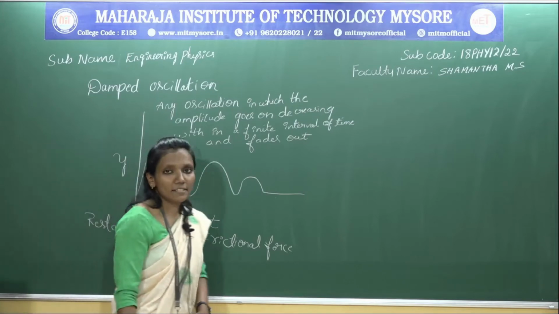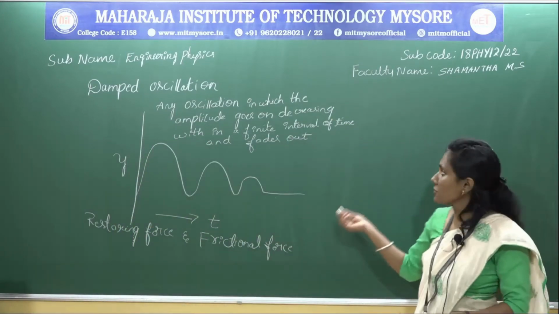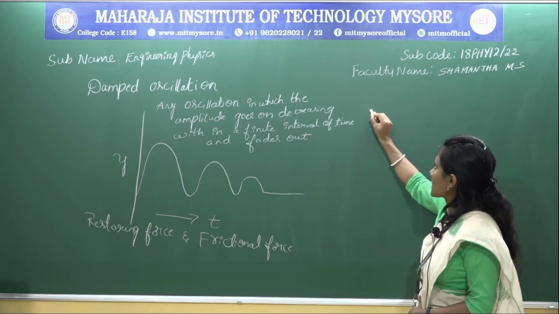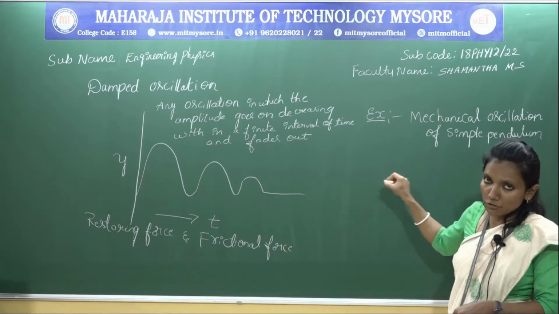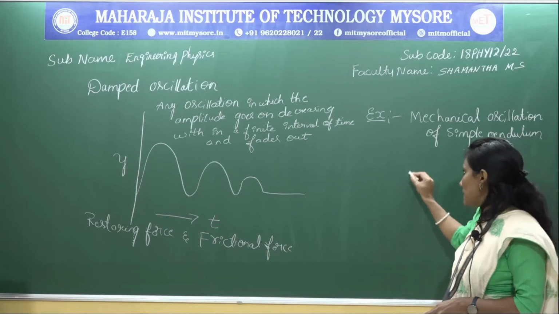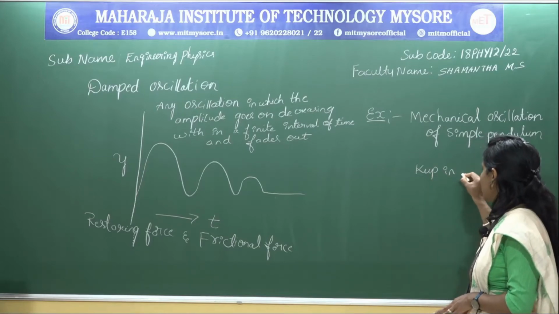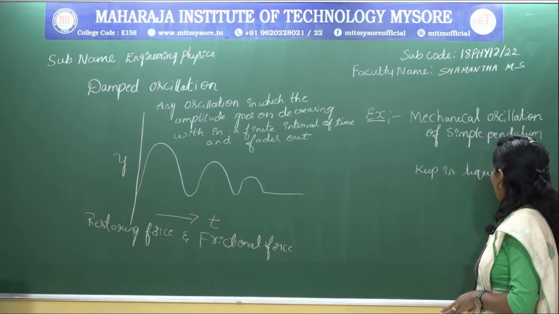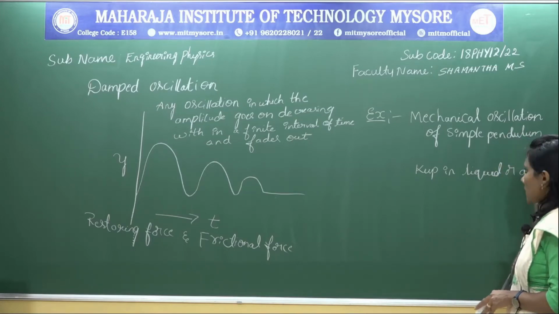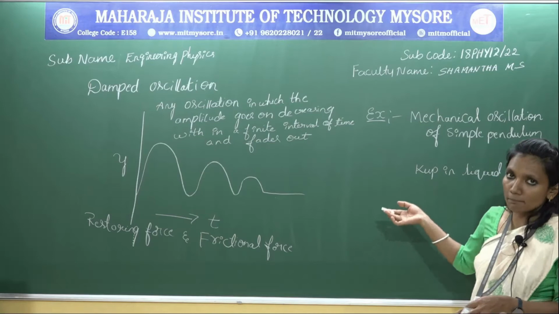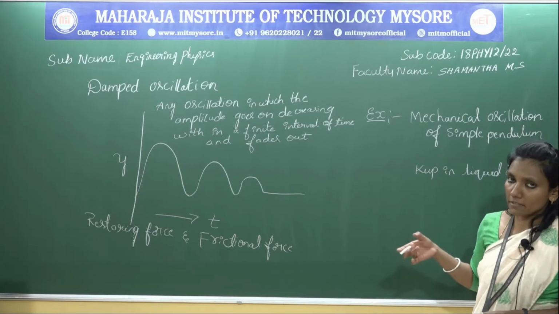Then what are the examples for damped oscillations? All the mechanical oscillations, like a simple pendulum. For example, when a spring is attached with a mass and you keep it in a liquid, in any liquid, or in air, then its amplitude goes on decreasing and completely terminates.